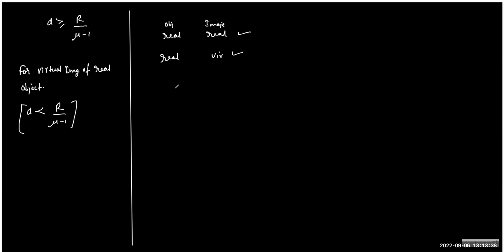Now imagine, I'll fill this table in later, but let's say, what if U is positive? If U is positive, let's say the incident ray itself is converging.